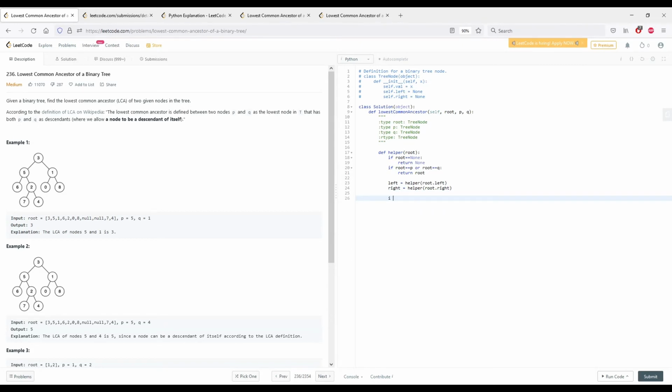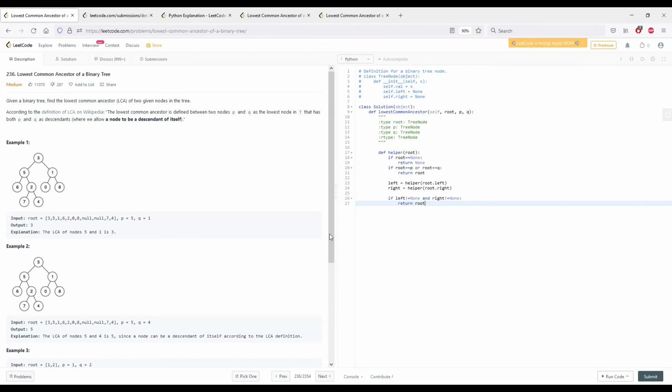Okay, now we want to check. If left is not none and right is not none, return root. So what does this mean? Let's say we were here, and we were looking for 5 and 1.